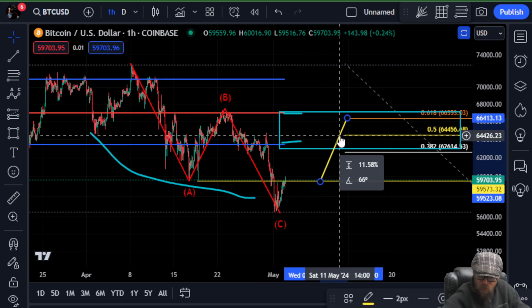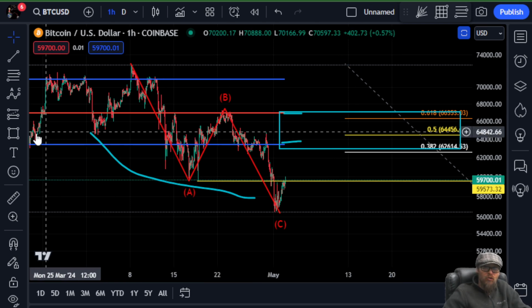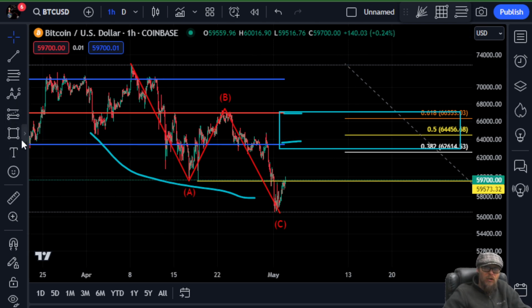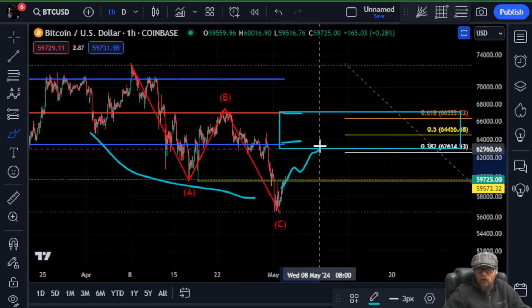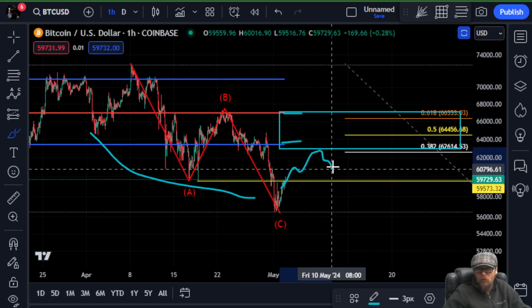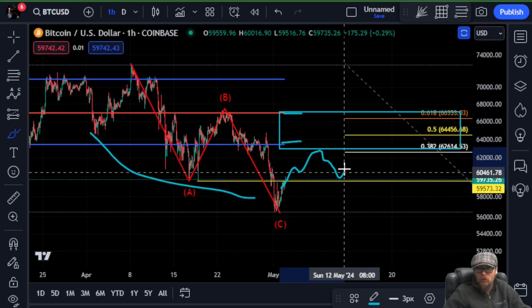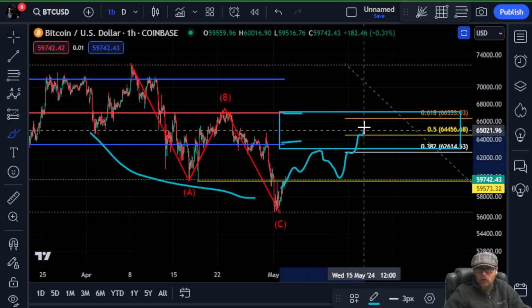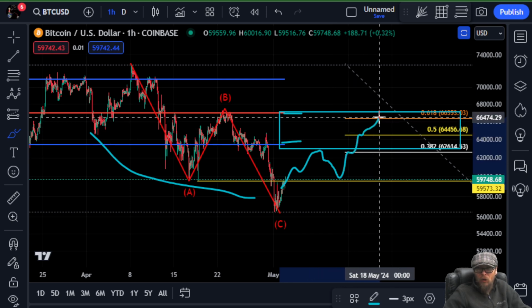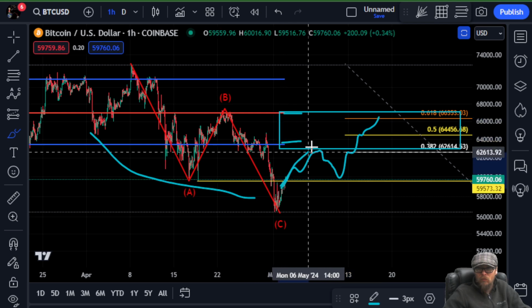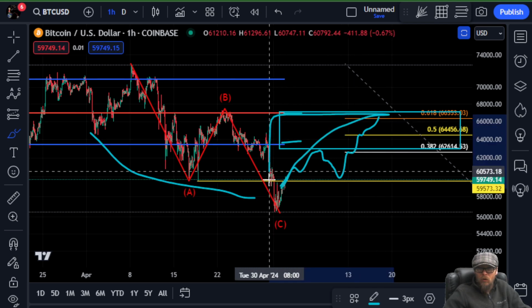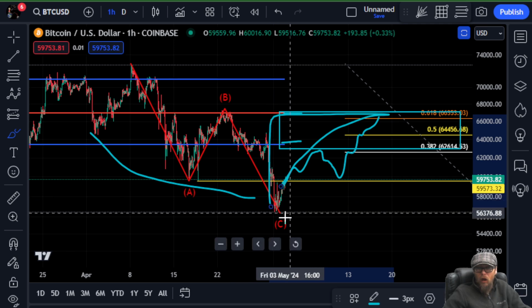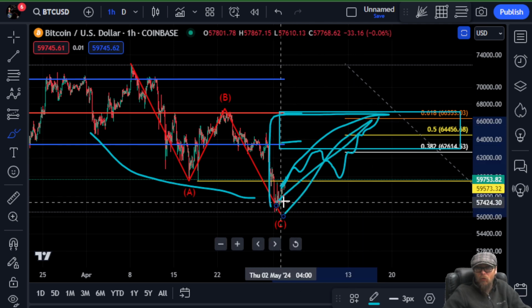So this is what I'm looking at short term: I would like to see price make its way up here, make its way down here, and make its way up here. And I would consider that to be the end of this move.